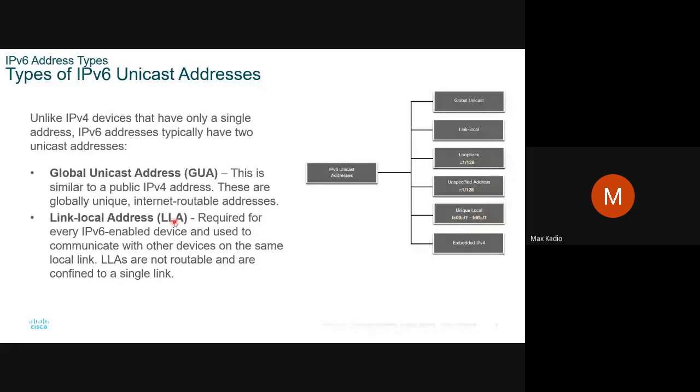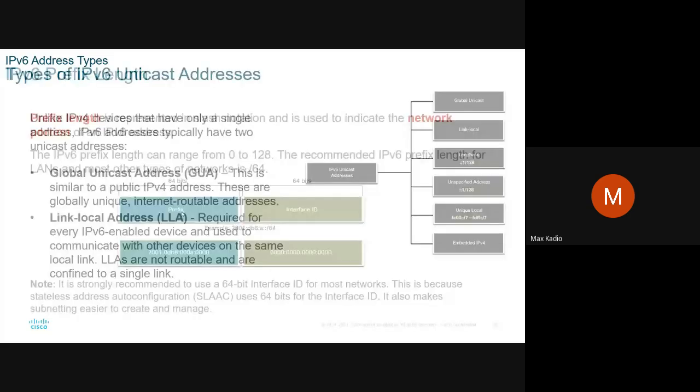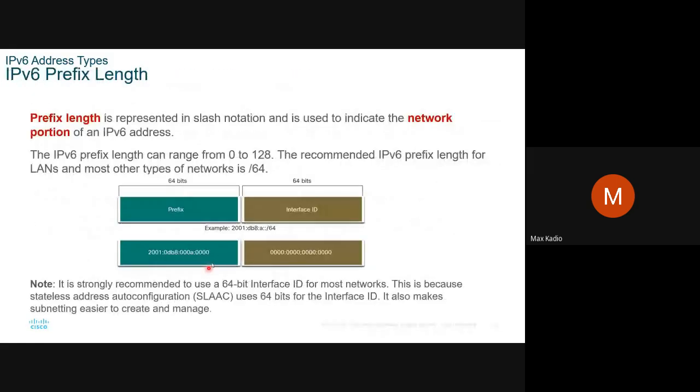When you have a long IPv6, the first four, like here, 1, 2, 3, 4, we call it the prefix. The last four is for your interface ID.